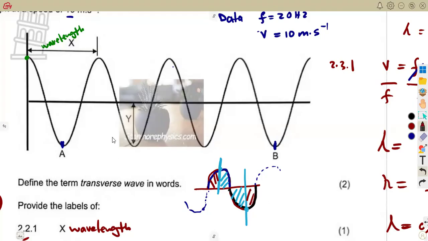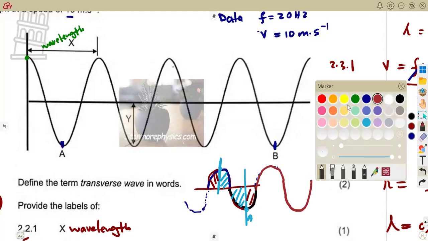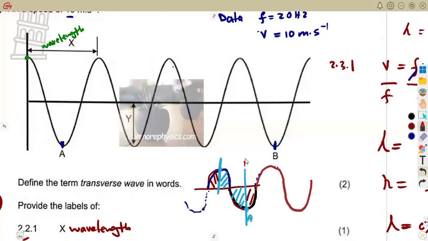Where this point A is starting, it is like this point here. We are going to have another continuation, because I'm saying this is going to continue like this. I want us to figure out, from this understanding, where we are going to have a complete cycle.